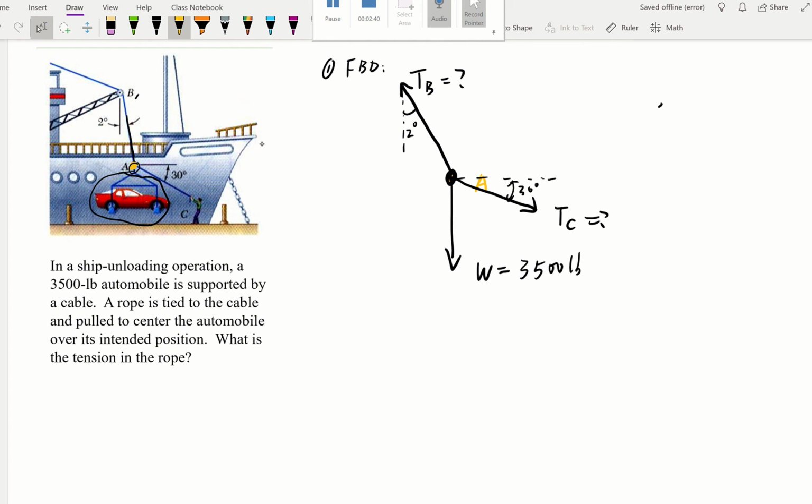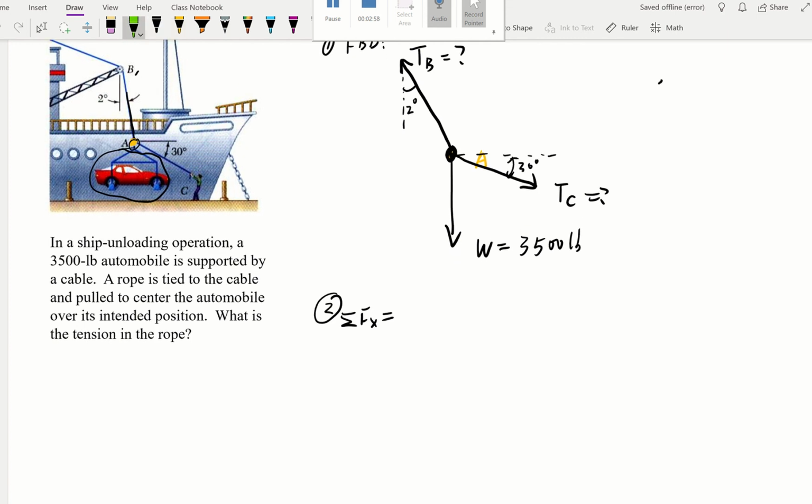Now let's take a look. This time we're not going to draw the table. We're going to throw away our training wheels and go directly to forces in x. There are three forces, and we're going to look at the x component of each. Let's start with TC.